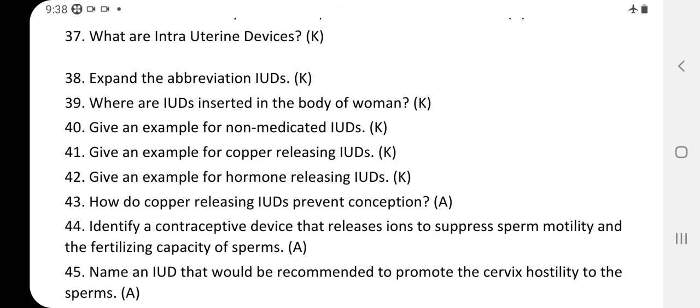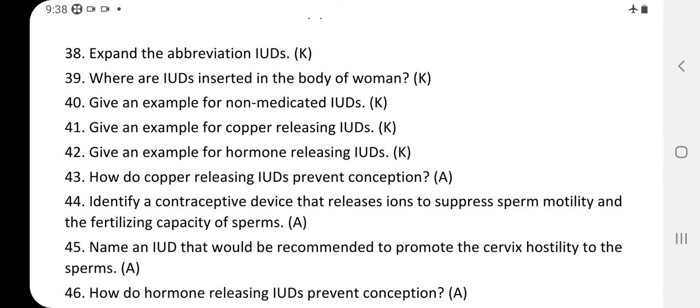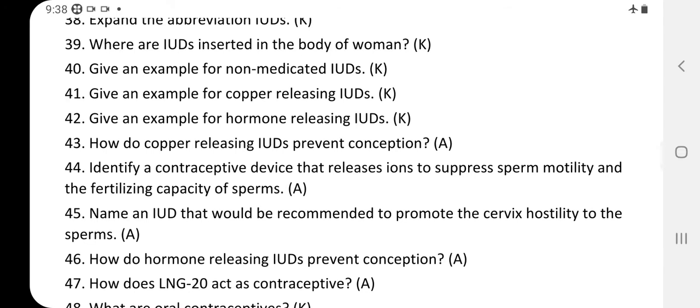The copper releasing IUDs are copper T, copper 7, multi-load 375. Next, 42nd question. Give an example for hormone releasing IUDs. The hormone releasing IUDs are progesterone and LNG20.